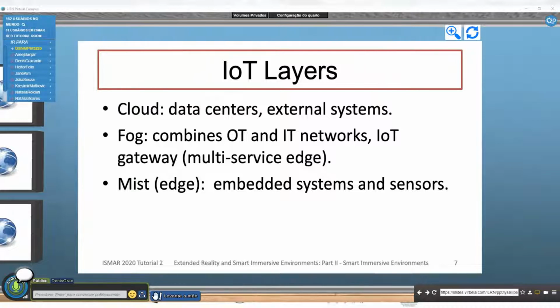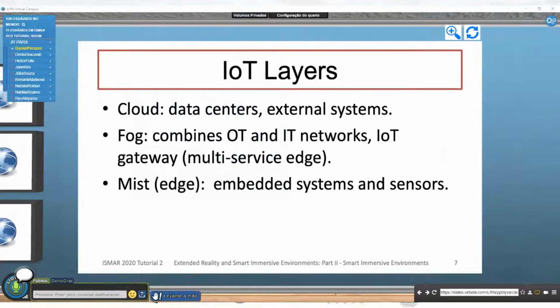But then from that cloud, when we go down, we are looking at fog, where we are looking at the Internet gateways, in other words, edge devices, and how we can collect the data from the underlying IoT system or network, if you wish, and process it or perhaps transfer it to cloud.